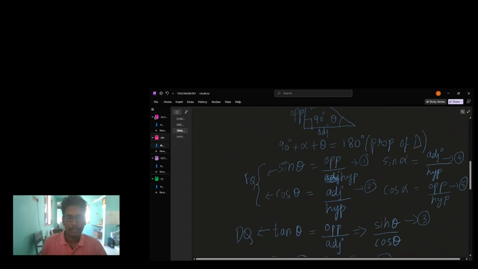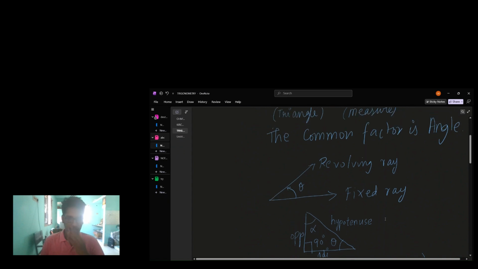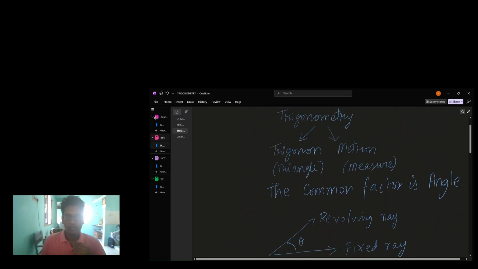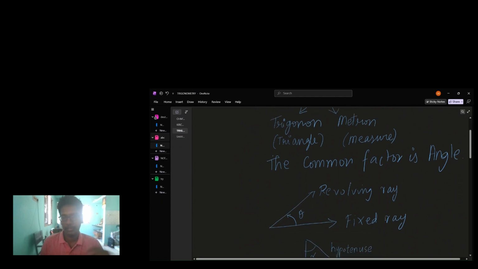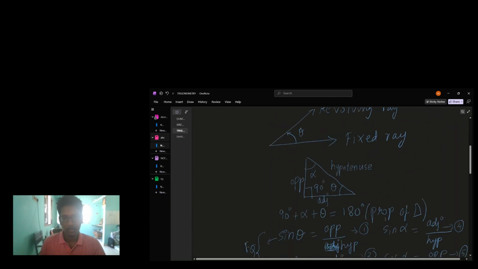So let's summarize what we read right now. Trigonometry is derived from two Greek words, trigon and metron, which mean triangle and measure. The common factor due to which the ratio arises is angle, and the angle is measured with respect to how far the revolving ray is from the fixed ray.